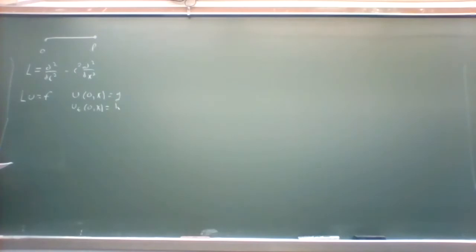What we have learned previously is that on the entire real line, we can solve LU equals 0 with initial conditions using D'Alembert's formula.